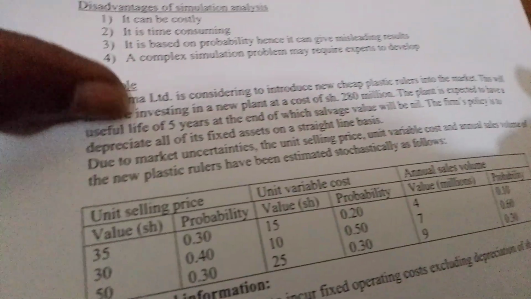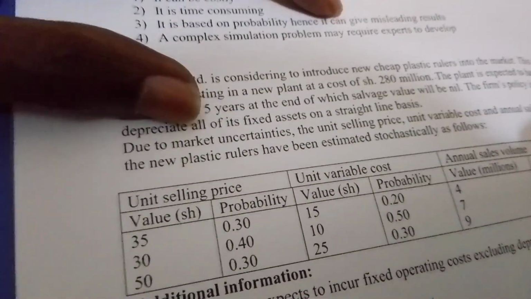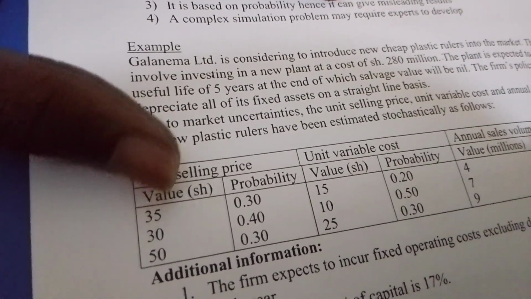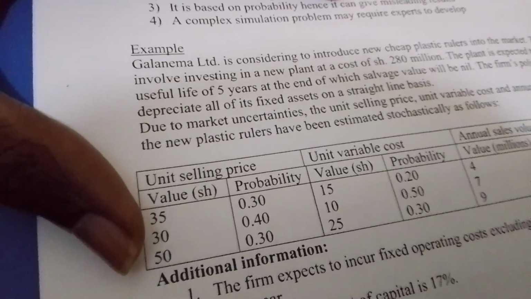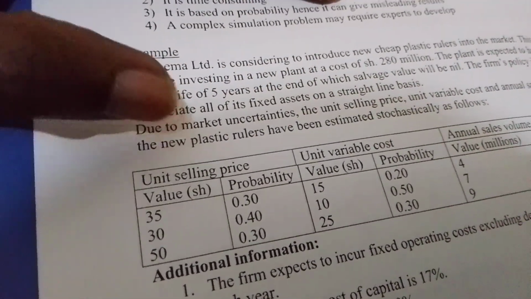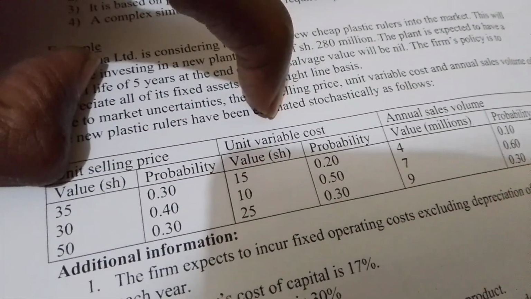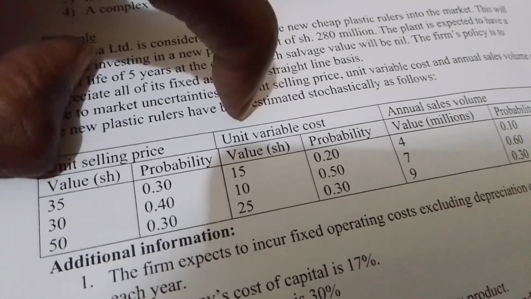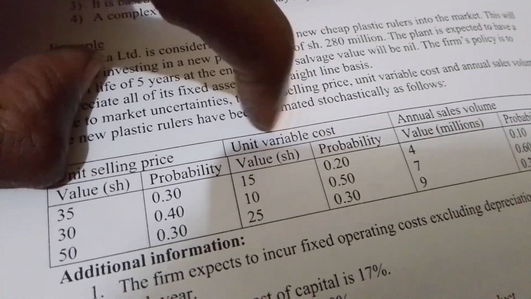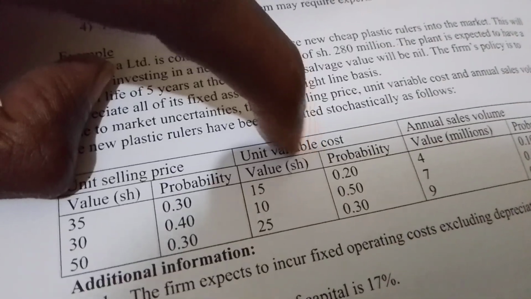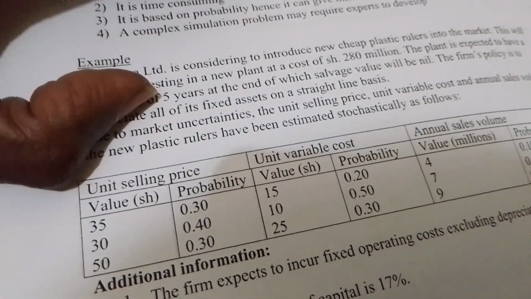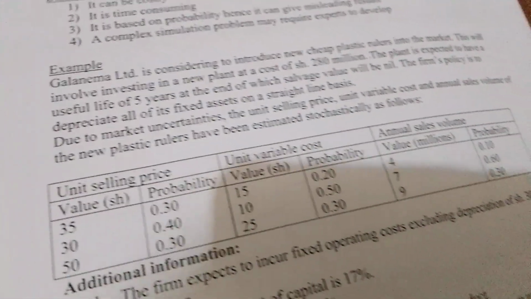I believe you understand what I'm doing. I'm just picking 35 times 0.3 plus 30 times 0.4 plus 50 times 0.3. You sum them together. The expected selling price. Then the expected unit variable cost, you'll be picking 15 times 0.2 plus 10 times 0.5 plus 25 times 0.3.